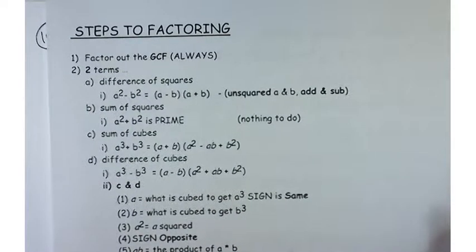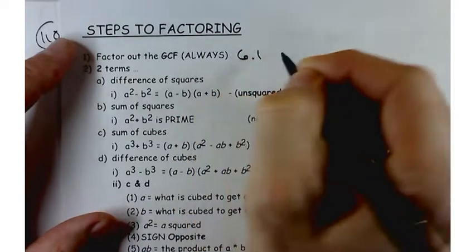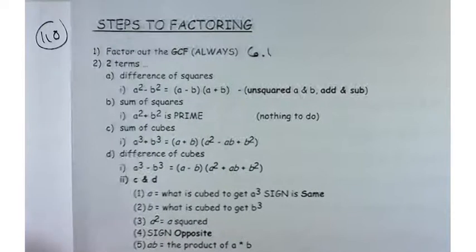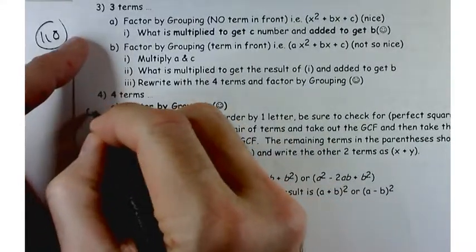So what's coming around is a nice handout about factoring in general, different steps to factoring. So this is section 6.1. You're factoring out the GCF. We're also going to work with factor by grouping, which is also section 6.1.